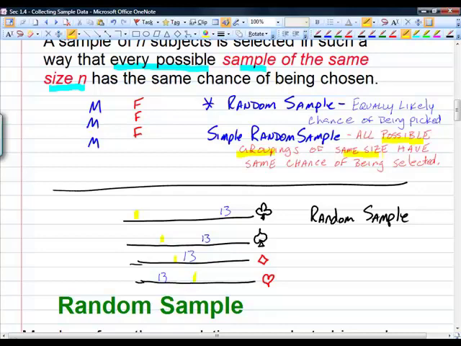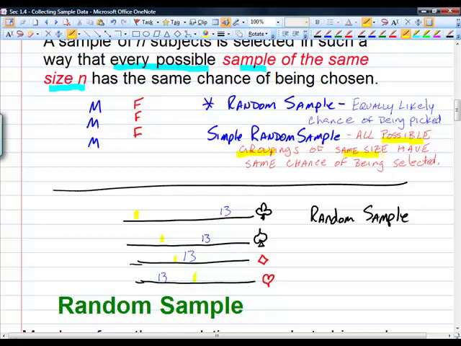It would be impossible to pick somebody from different rows to be in a group of 13 with the way that I have this set up by drawing cards. A fairer way would be to have 2 decks of cards, hand a card out to everybody in the room if there's 52 students, and then draw 13 cards out of the second deck. Whoever's card matches the 13 cards that I drew out of the second deck, those are the people selected to get extra credit.